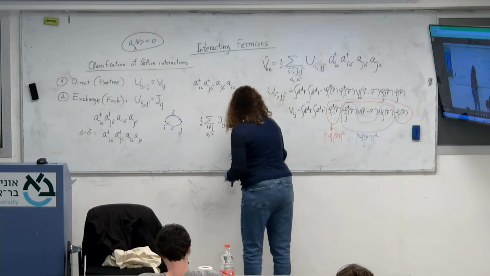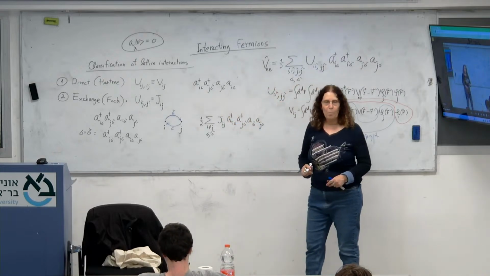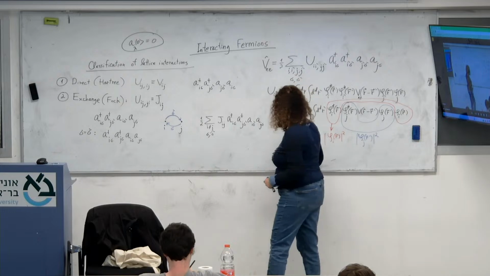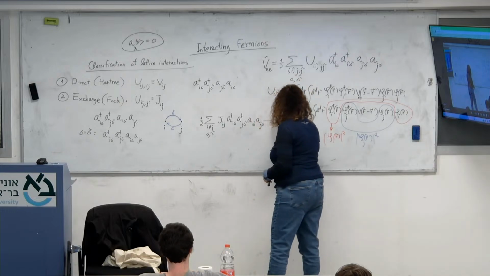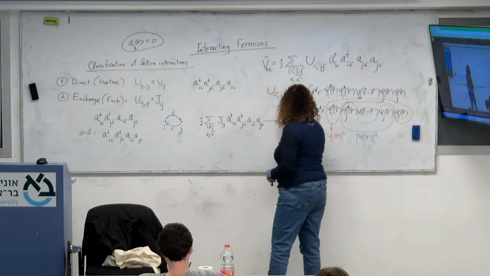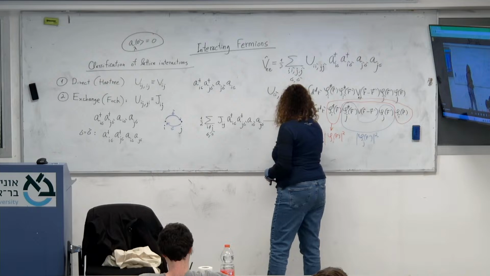So this, with some algebra manipulation, can be mapped into the following expression, I different from j, of jij.